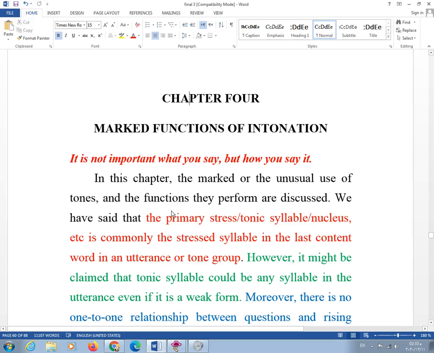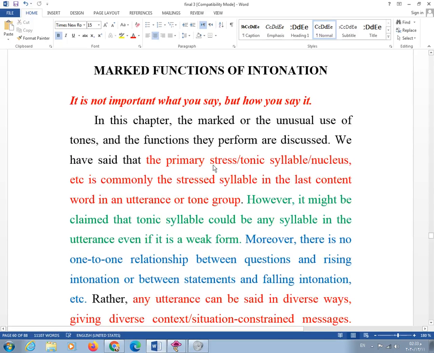First, we have to state that the primary stress, tonic syllable, or nucleus, these are 3 terms referring to one thing, which is tonic syllable. And what's tonic syllable?